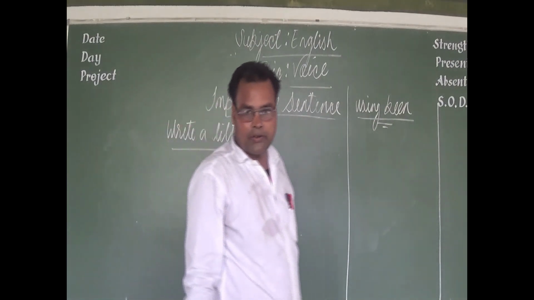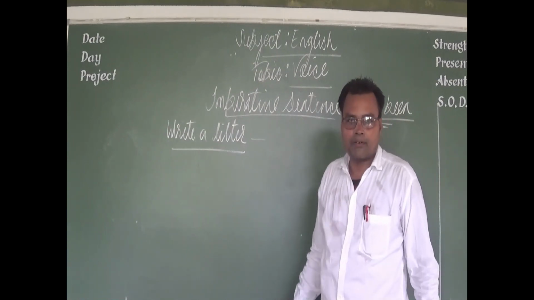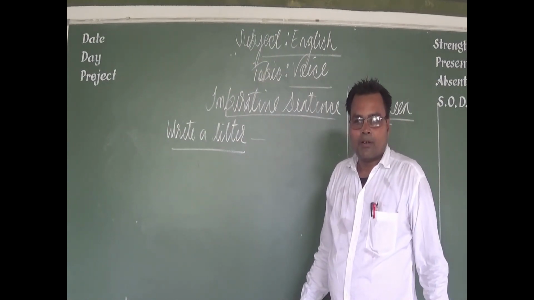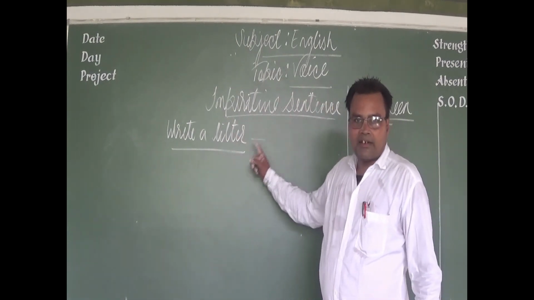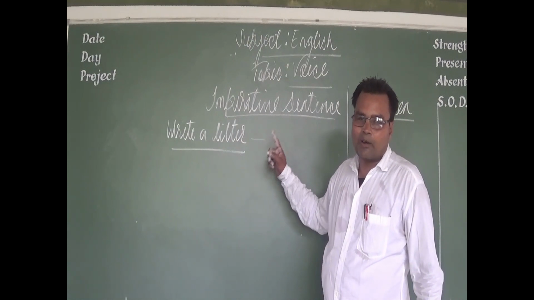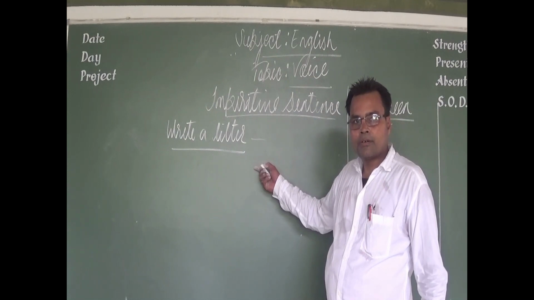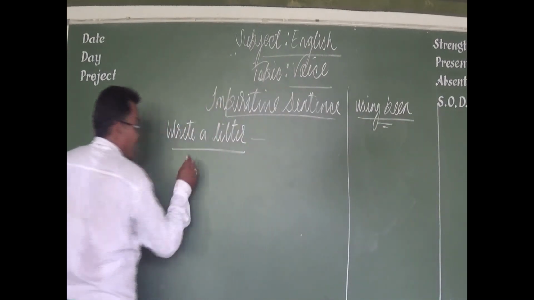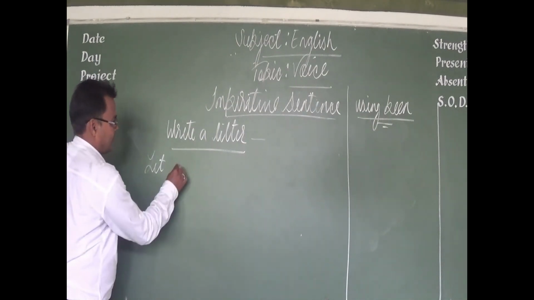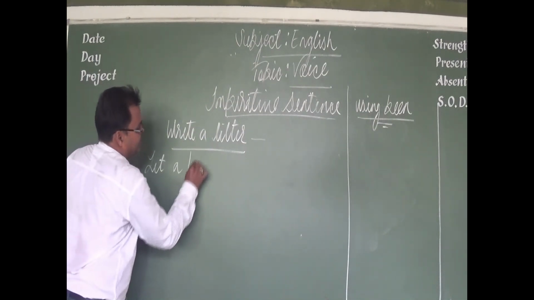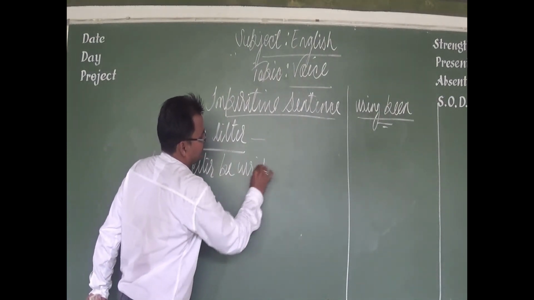If someone says write a letter, he is giving an order, right? After seeing the sentence, we can easily say that an order is being given here. So how will we convert? You have to use let. Let a letter be written.